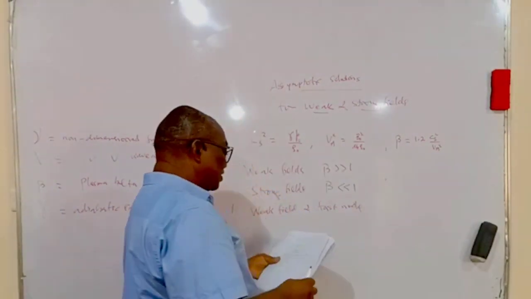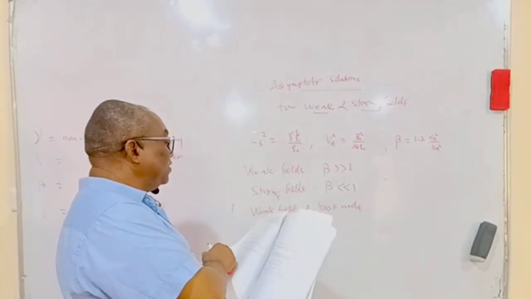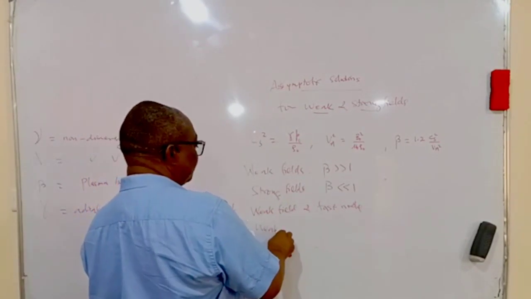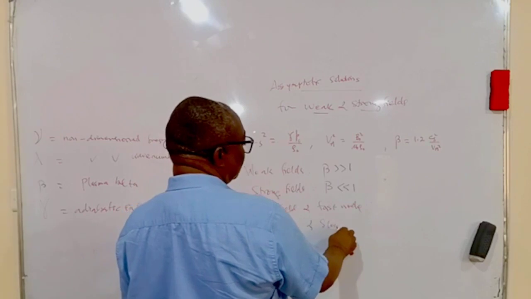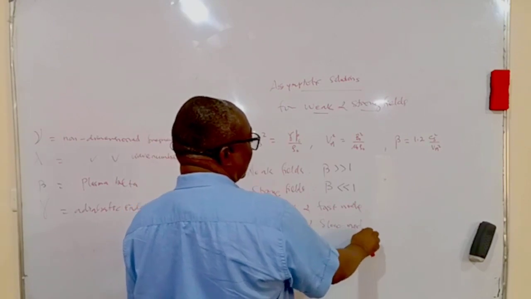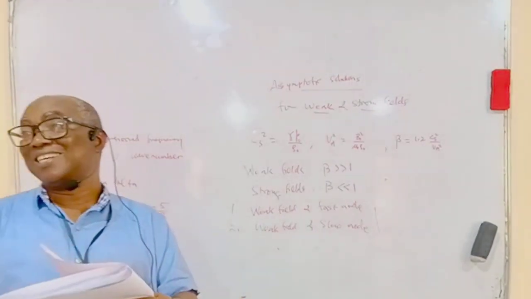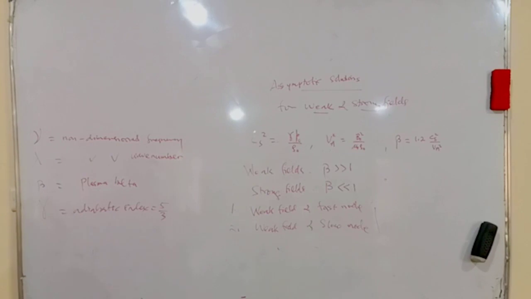After doing this, we'll be able to consider weak field and slow. Maybe we'll take weak field and then slow mode. So these are two things. You see, from that same equation, there are so many things that will come under your analysis. So, coordinator, write down for me. Asymptotic solutions.